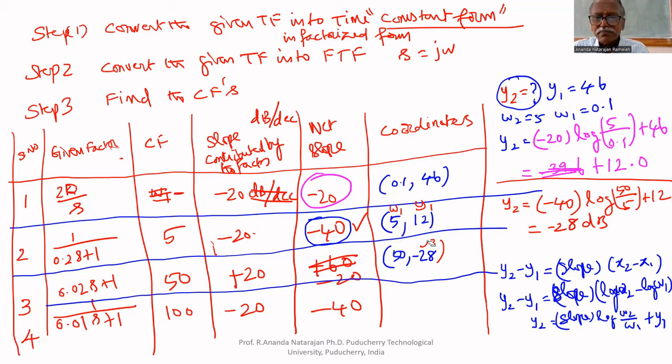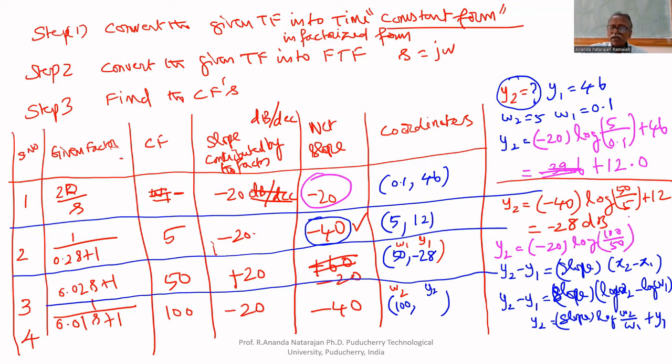Again, we consider this as omega 1, this is y1. Omega 2 is 100, comma y2 we have to find. Therefore, we can write y2 equal to, what is the slope? The previous slope. What is the previous slope? Minus 20 log of 100 divided by 50, because omega 1 is 50, omega 2 is 100, plus y1 which is minus 28.